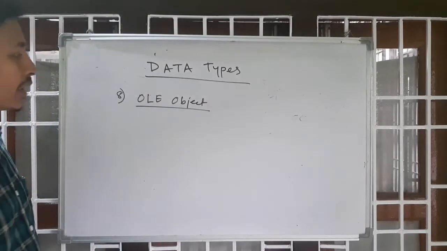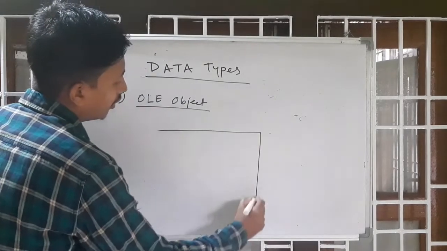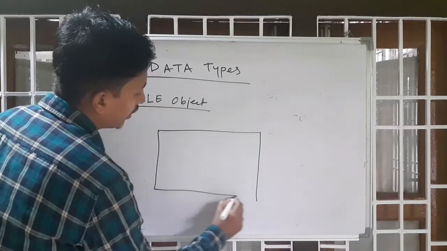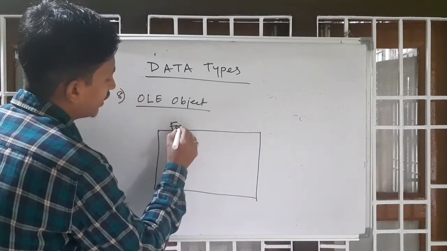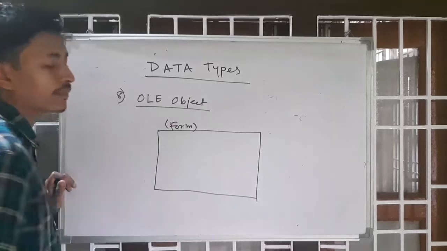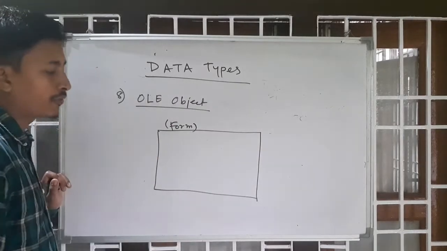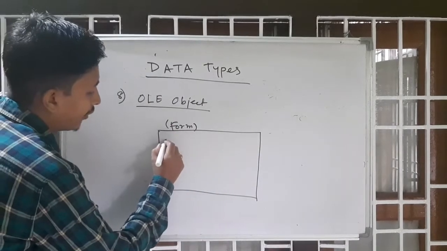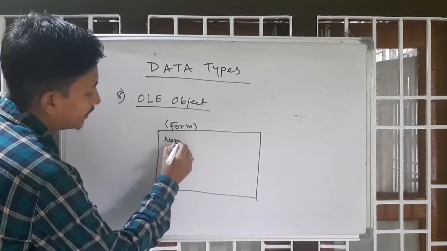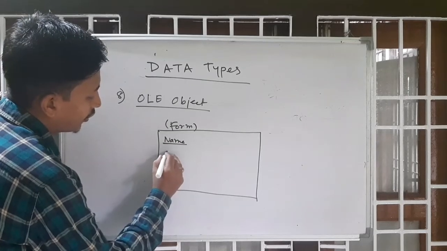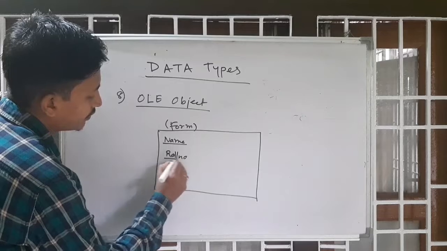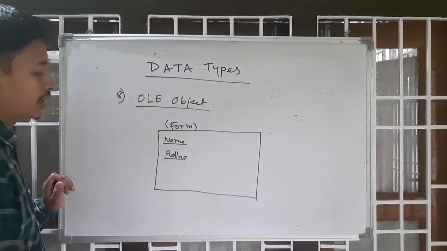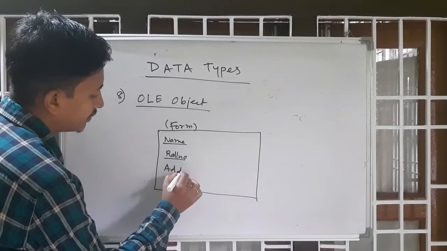For example, in your form, there is an output form. In a form, for example, like name, roll number, address.